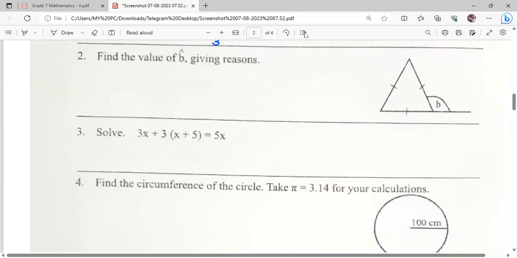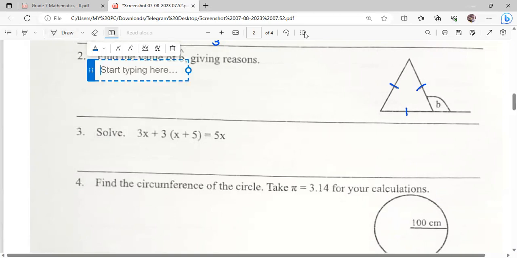Find the value of B. Children, can you see here they have marked something. What it is? This is an equilateral triangle. Right? So this is an equilateral triangle. What are the features you can see in an equilateral triangle?